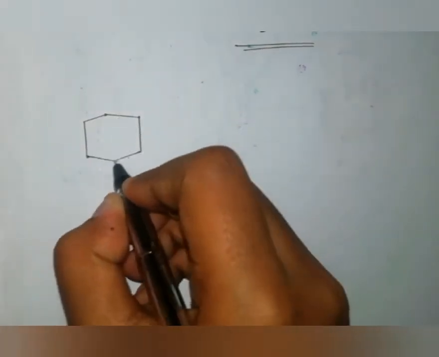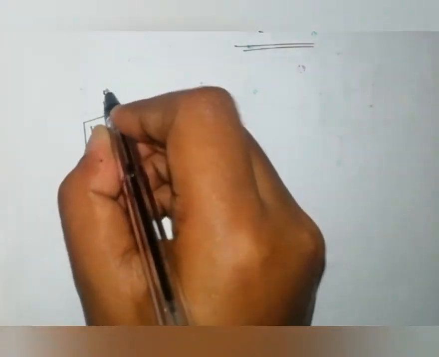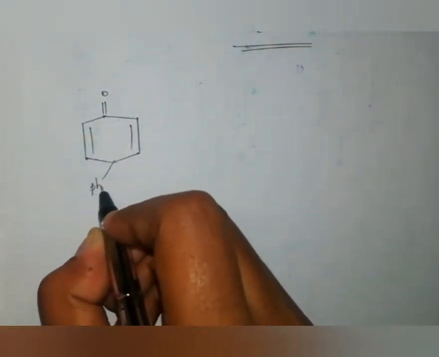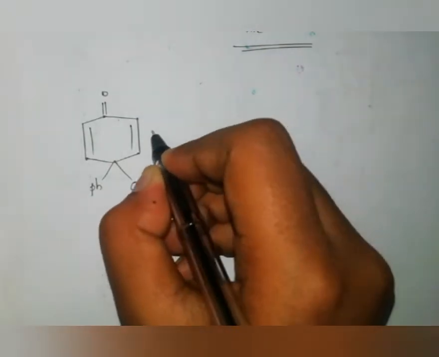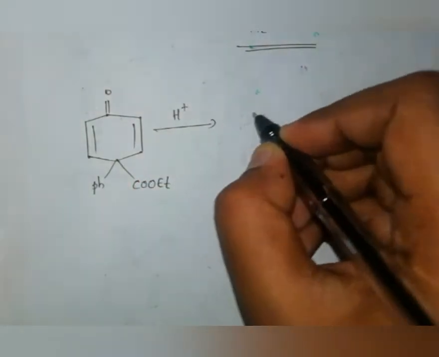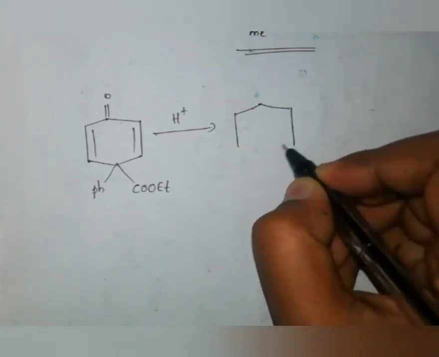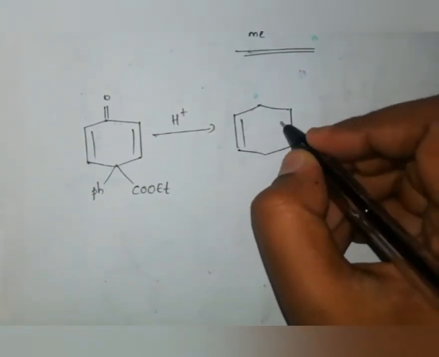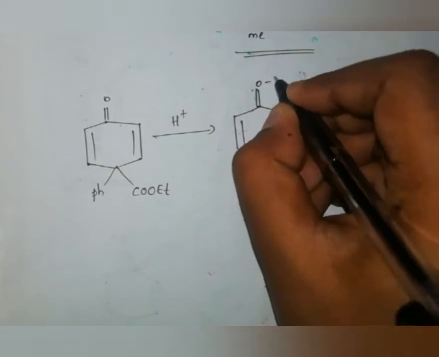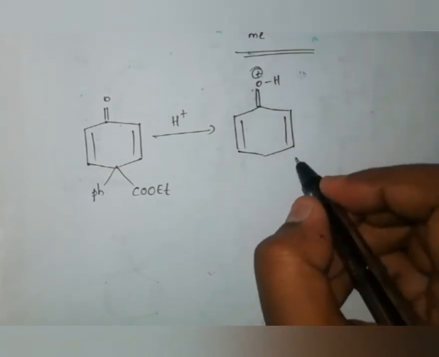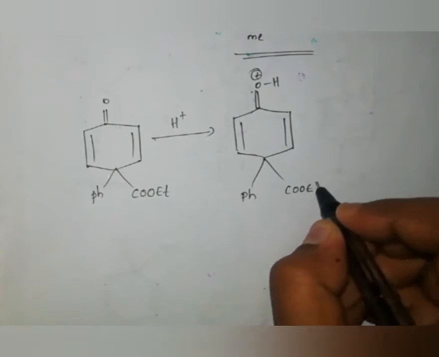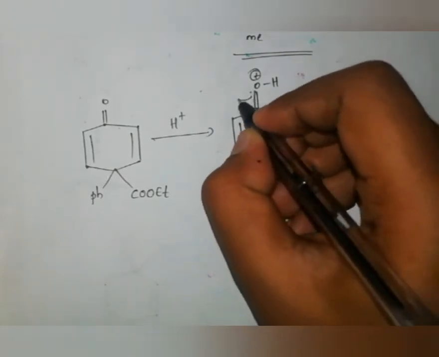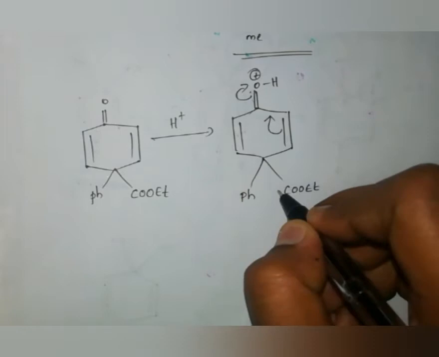That is, if one of the groups is phenyl and the other group is an ester group, what is the product? This oxygen gets protonated, and here the phenyl group, and here COOEt, and this bond is shifted here.